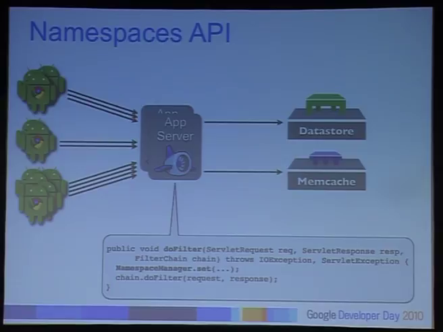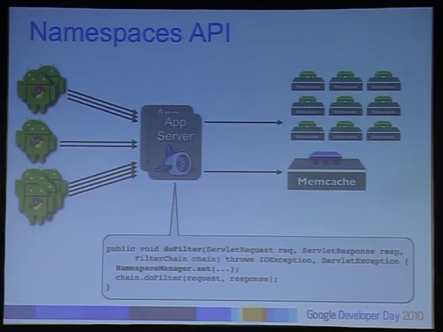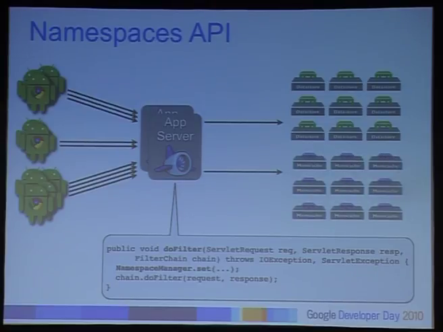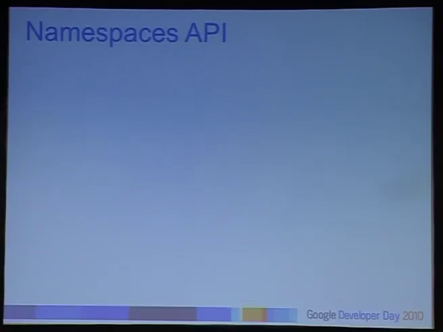You can use something in the request header. You can do a lookup in the data store and decide where that user is based. Really easy. And as soon as you set the namespace, you've virtually created a number of separate data stores that are all logically separated from each other. Same thing with Memcache. Just as you set the namespace, and you magically have these separate instances.